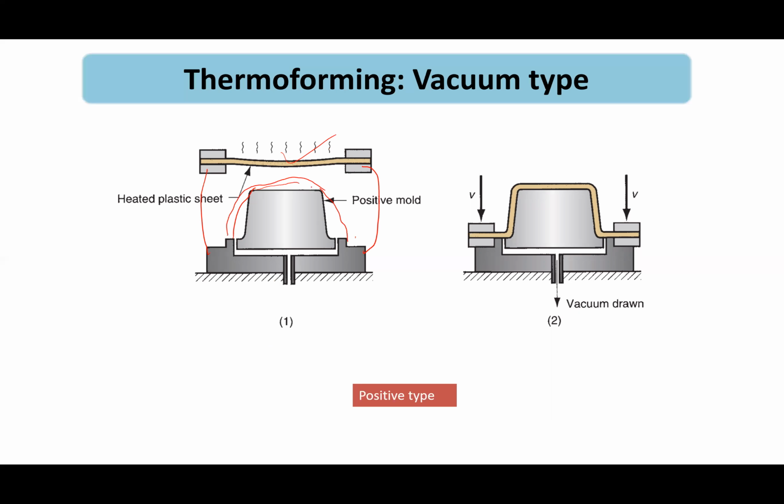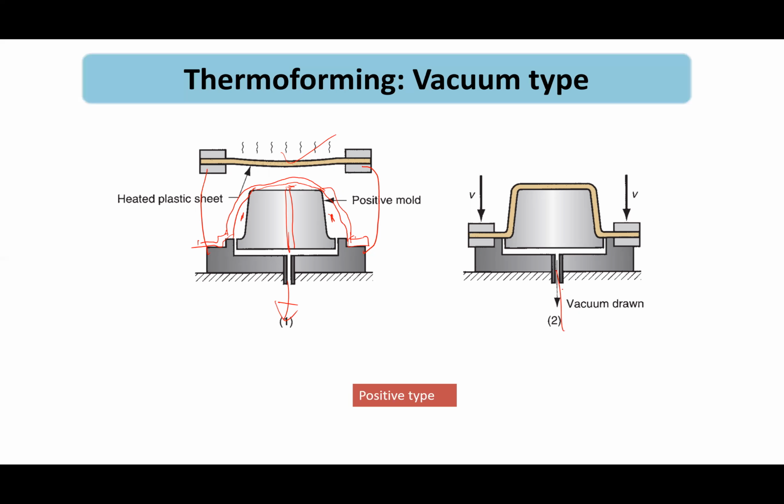Okay, then the material will be like this. And these are the places where air will be trapped. There will be some vents, so that the air can be sucked out from this side.